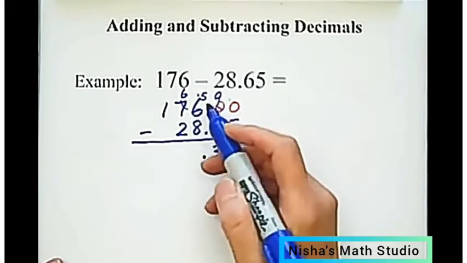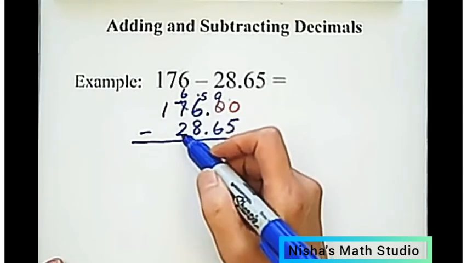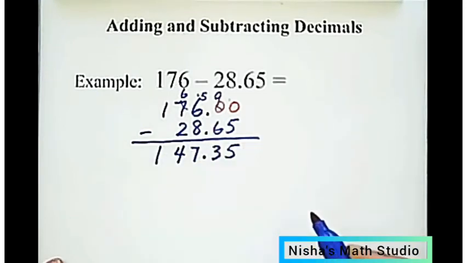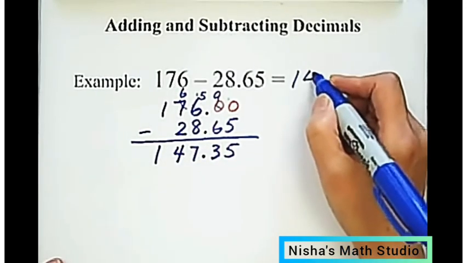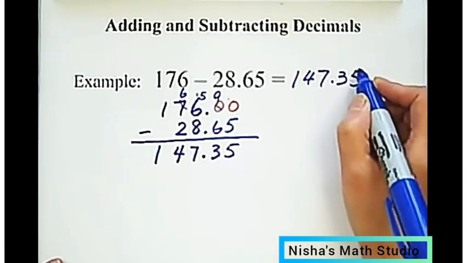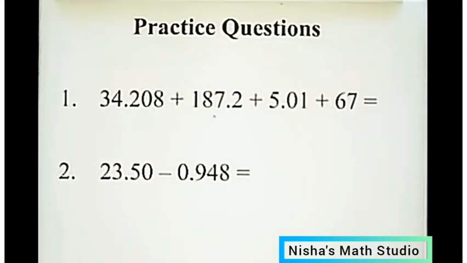It is 15 minus 8 which gives you 7. 6 minus 2 will give you 4 and 1 there. So 176 minus 28.65 will give you 147.35.